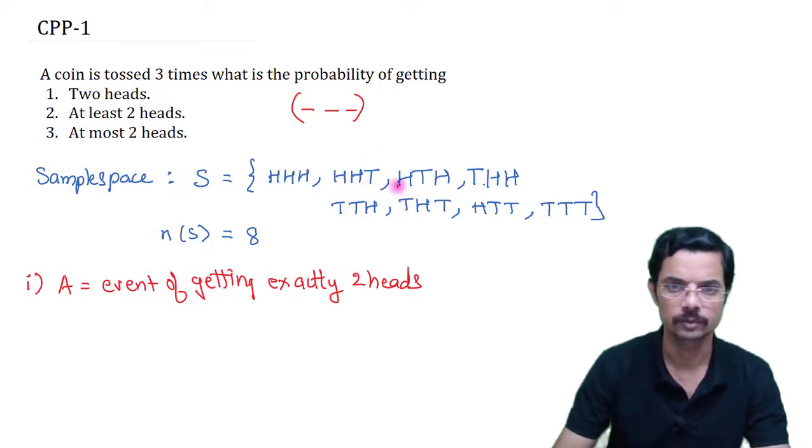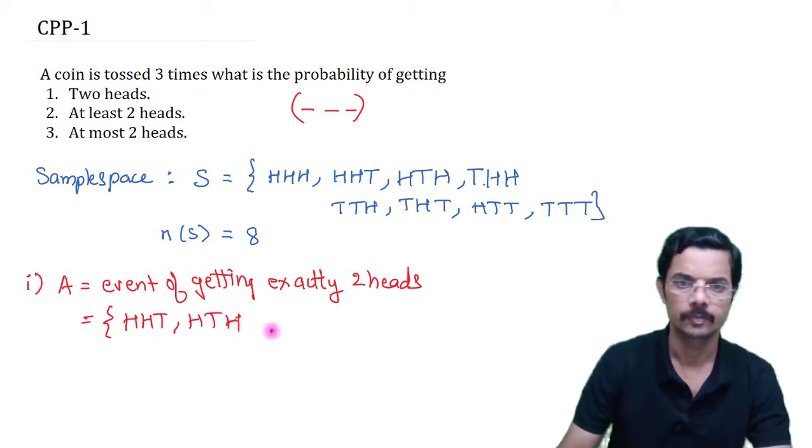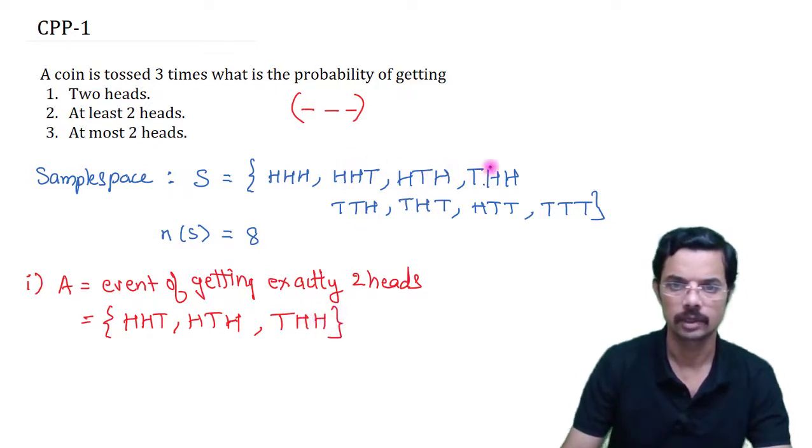We can have this one, this one, this one. These are the 3 outcomes which have 2 heads. So we can write this set A as head, head, tail, then head, tail, head, then tail, head, head. These are the 3 outcomes.